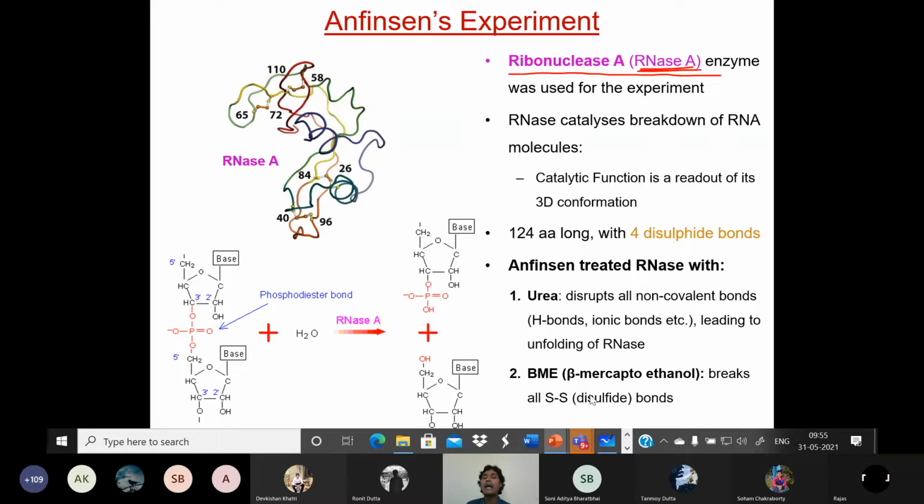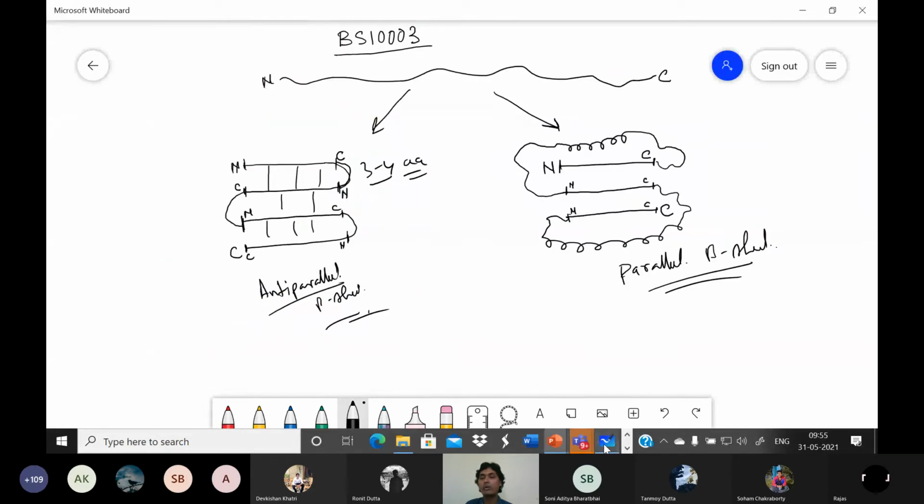And beta ME, this is another chemical, beta mercaptoethanol, we commonly use in the lab, to break the disulfide bond. But now I need to first tell what a disulfide bond is, right? Otherwise, it will create more problems.